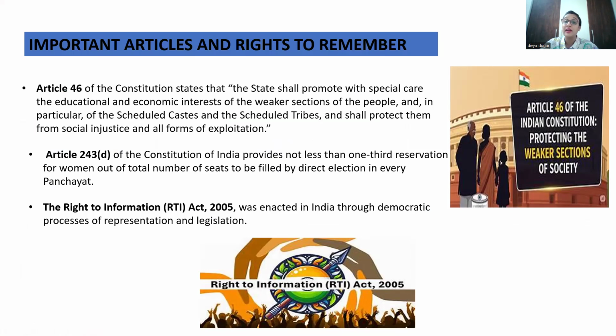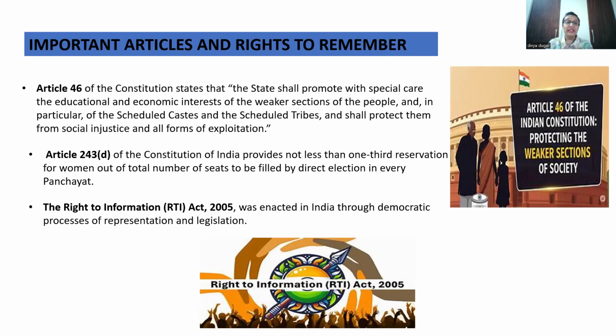So what is Article 46 telling, students? It's the responsibility of the state to provide good education and protect the economic interest of the scheduled castes and scheduled tribes. If any injustice is happening to them, the state shall protect them. That is what is written in our Constitution as per Article 46.